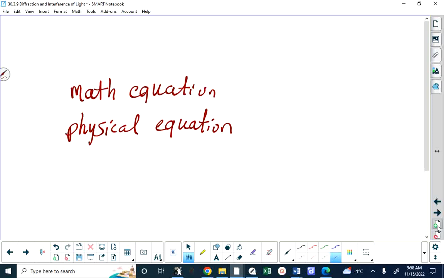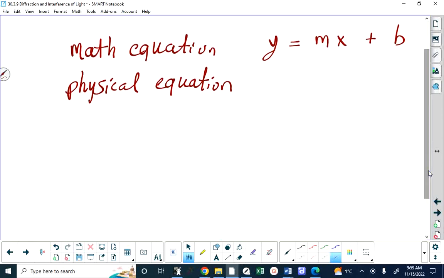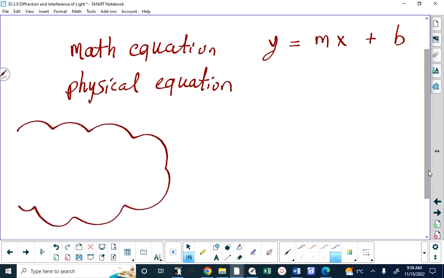So what is the math equation? Well, the math equation is y equals slope times x plus b. What is the physical equation? Well, the physical equation, which I'm not going to write down here, I'm going to put it down here in this bubble. The physical equation is lambda equals xd over nl.